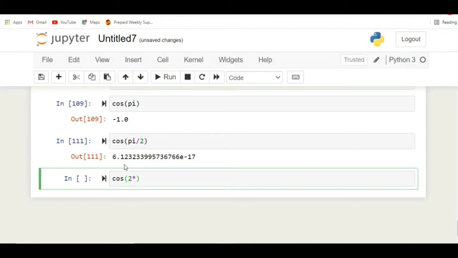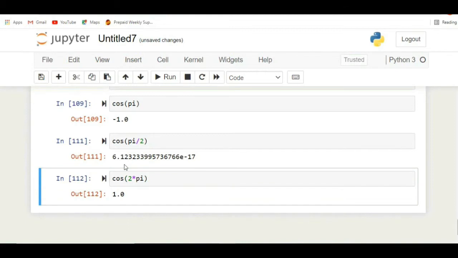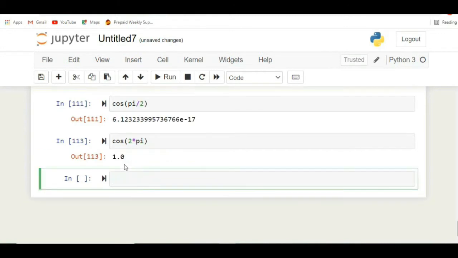So now next is cos 2 pi. Cos 2 pi is 1. The value of cos 2 pi, 2 multiplied by pi, for multiplication we shall write star.